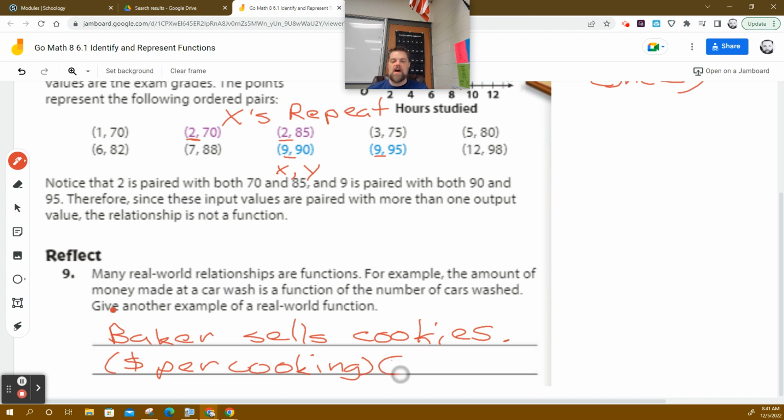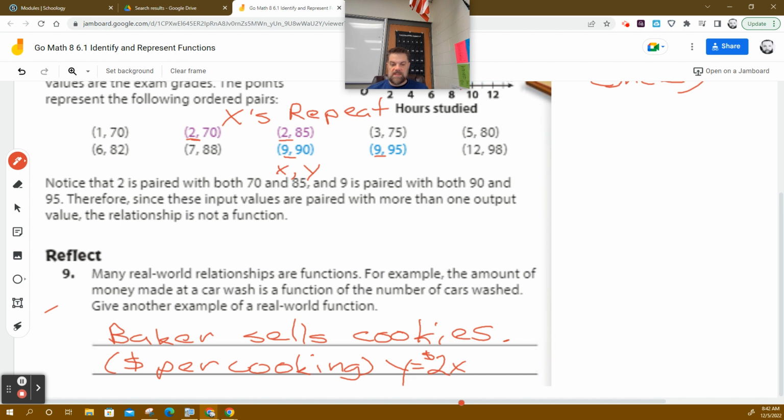We could say the total cost is equal to $2 times X. And I could replace that with a Y. So let's just put a Y because that's what you're used to, where Y represents the total number of sales and X represents the total number of cookies.